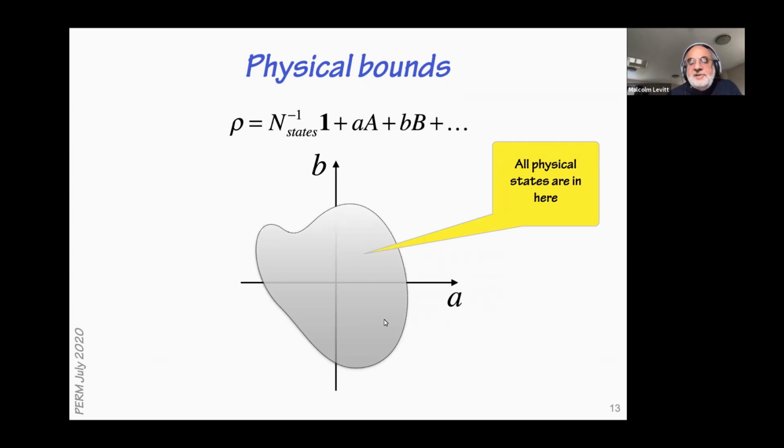And there will be some sort of area within that space within which all physically possible states have to be located. So anything outside of that boundary would be non-physical and physically invalid. It could never be attained by any preparation of the system.